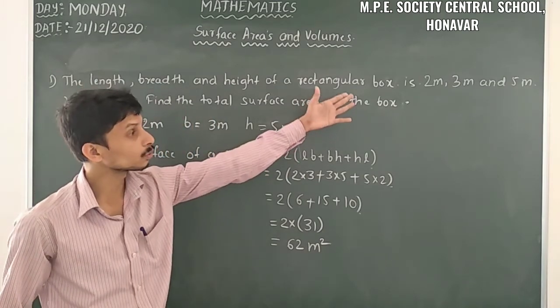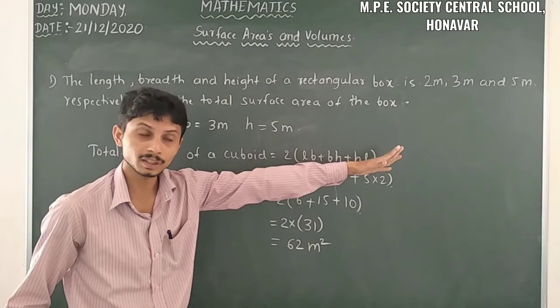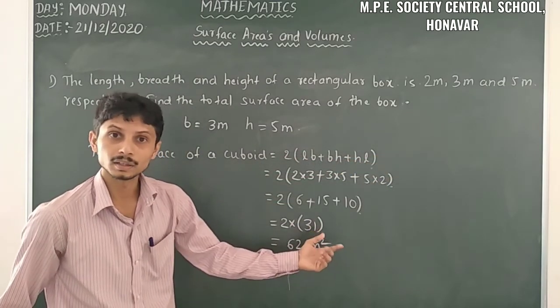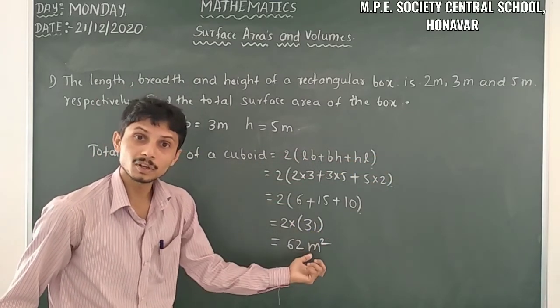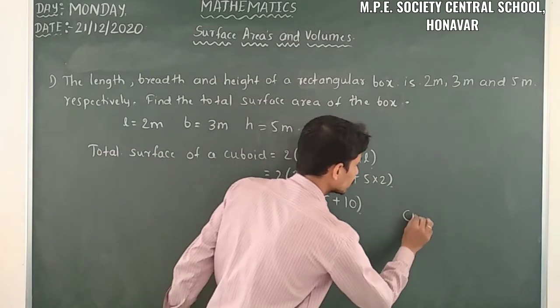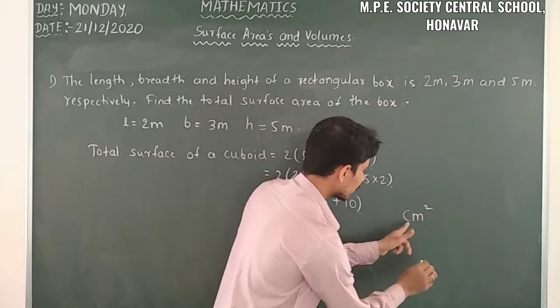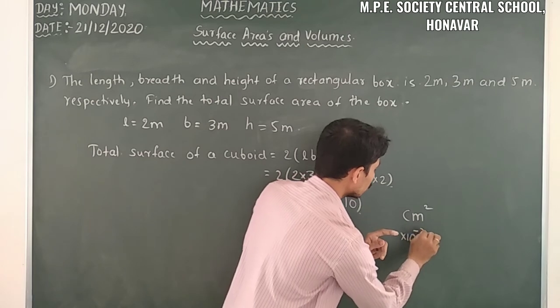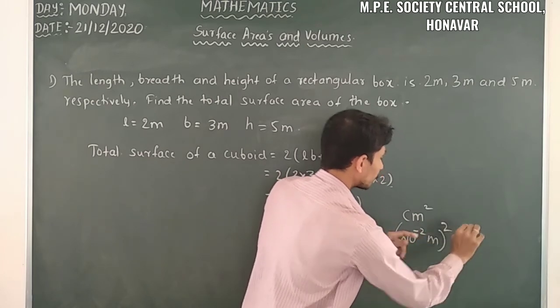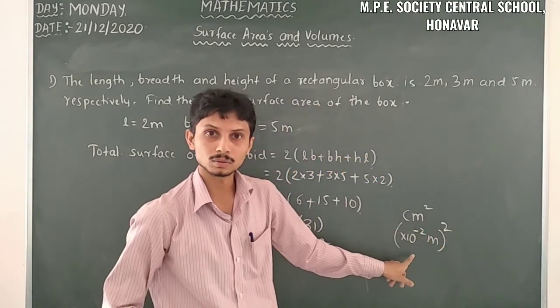That means if those things are in the form of centimeter, you have to write centimeter square. Then this square belongs to centi also. But when you are taking this C as 10 raised to minus 2 meter, the square belongs to this also.